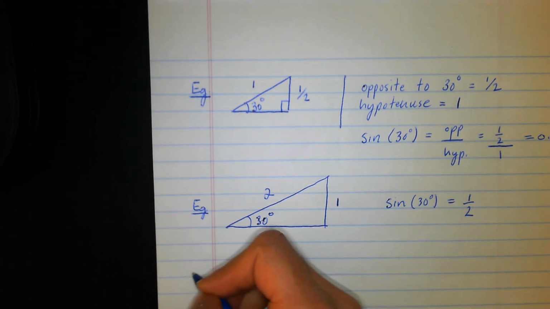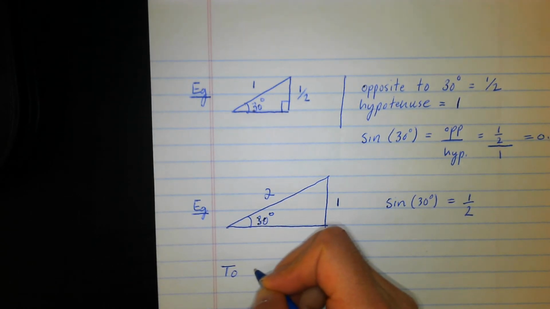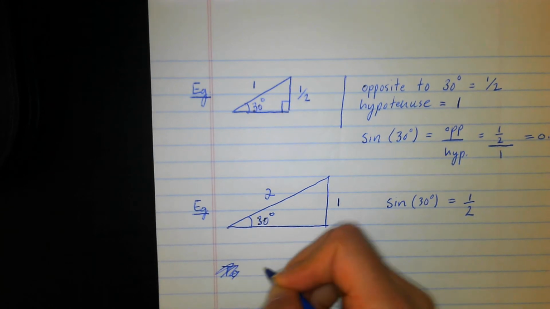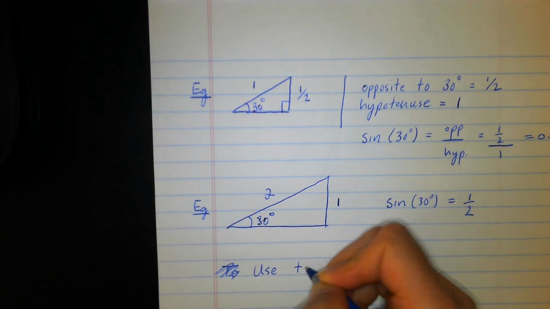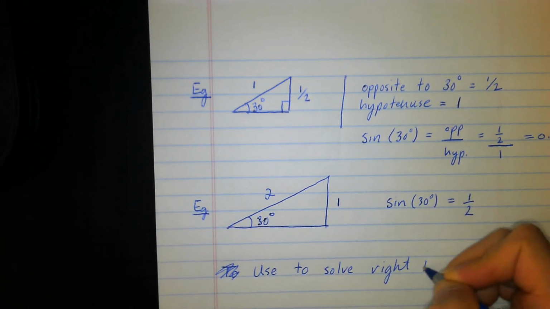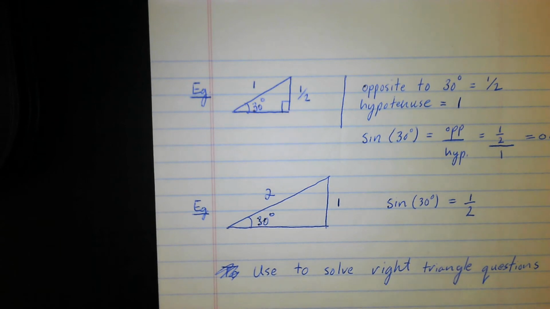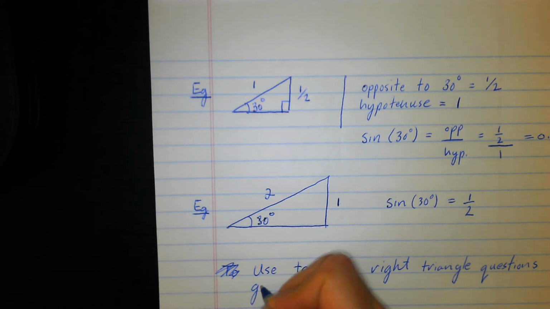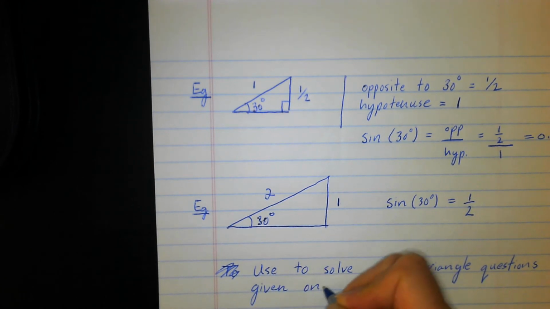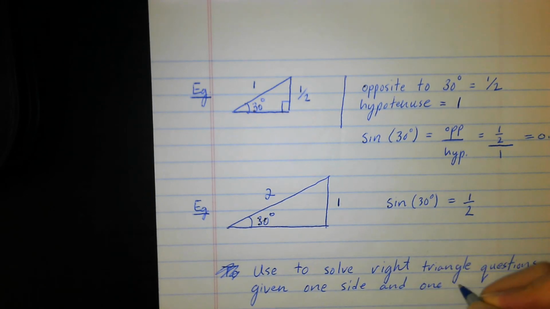All right, so let's write this. Now let's just say this. We can use this to solve right triangle questions, as long as we're given one side and one angle.